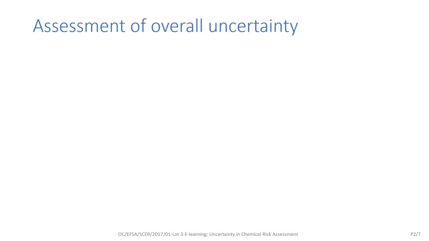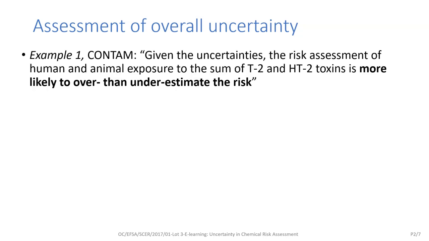So, how did these opinions assess overall uncertainty? They all assessed it qualitatively using expert judgment. The Contam panel concluded, given the uncertainties, the risk assessment of human and animal exposure to the sum of T2 and HT2 toxins is more likely to overestimate than underestimate the risk.